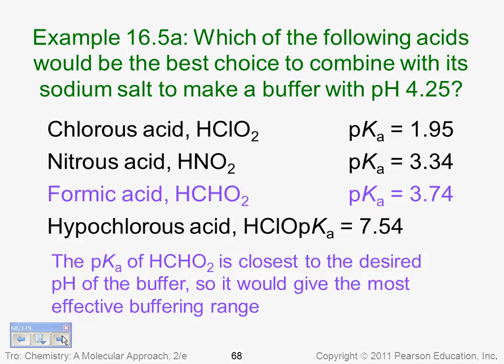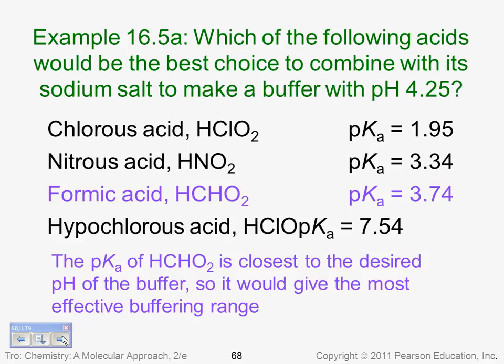Would any of these others be at least acceptable? Formic's the best. Could I use the chlorous acid to get a pH 4.25 buffer? Probably not. 4.25 means I can go down to 3.25, or I can go up to 5.25. So how about nitrous acid?